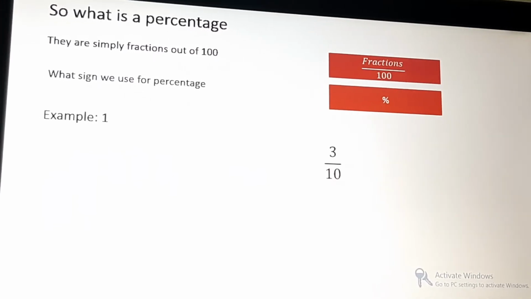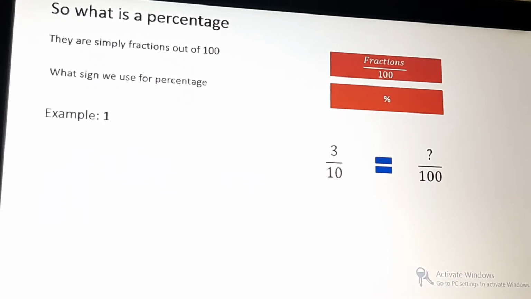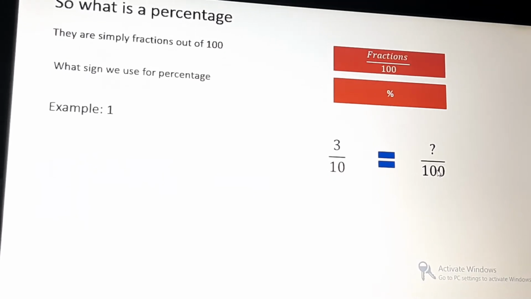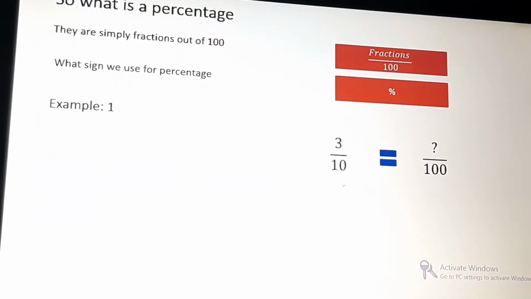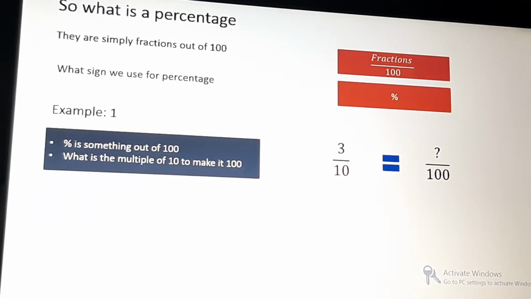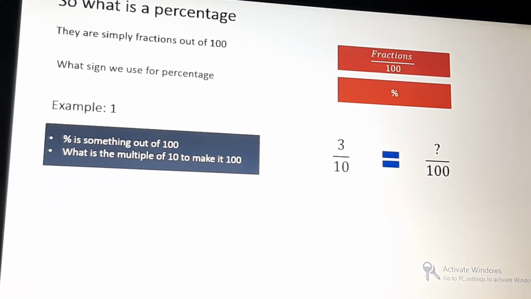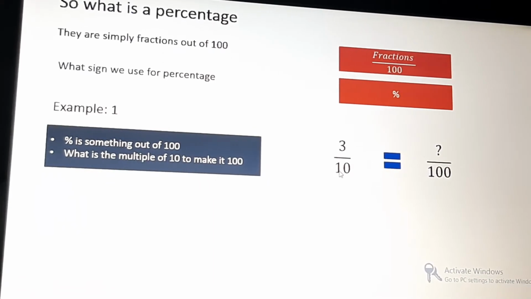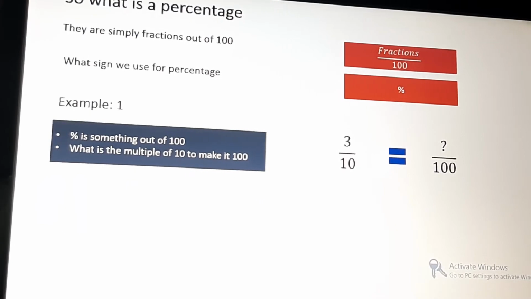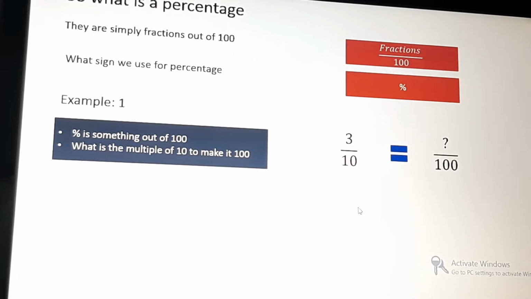Let's do an example. It is 3/10 and we have to find out what's the percentage. So percentage is always a fraction out of 100. So we have to look for the multiple that gives you 100. So 10 is multiplied by what number to give you 100?